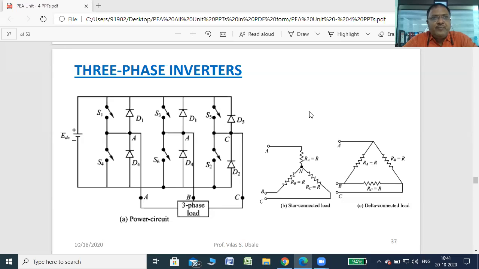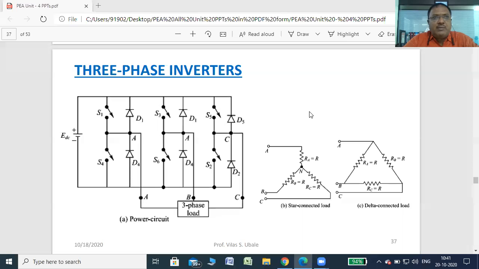But in industry, single phase inverters are not used because they are low power inverters. When we require high power, we don't have any other option than three-phase inverters. So for high power applications, three-phase inverters are preferred.